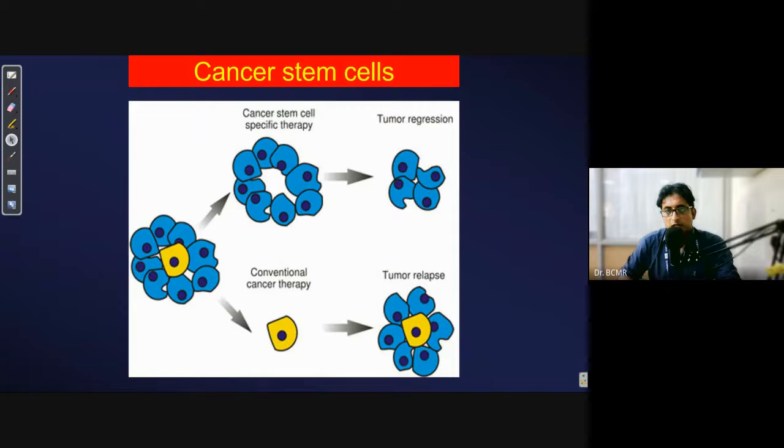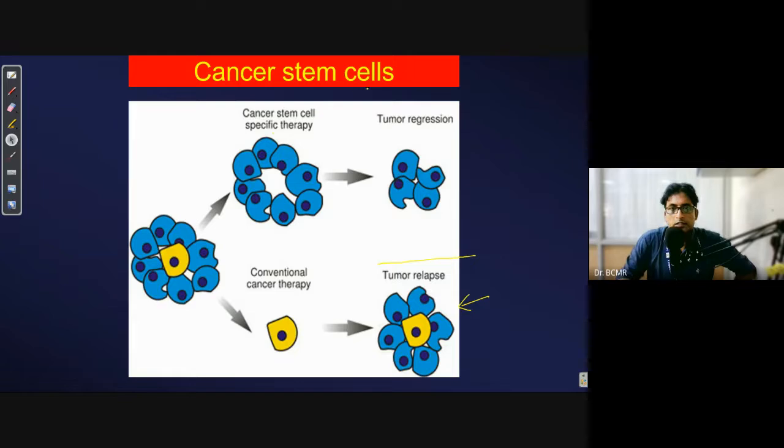Why are we studying cancer stem cells? Because we know that tumors, the majority of the times, relapse. We treat with conventional therapies such as chemotherapy or radiotherapy, and then after some days or a couple of years, the tumor will relapse, keep on growing, and go into metastasis. We don't want that; we want to find a cure so that the cancer does not relapse.